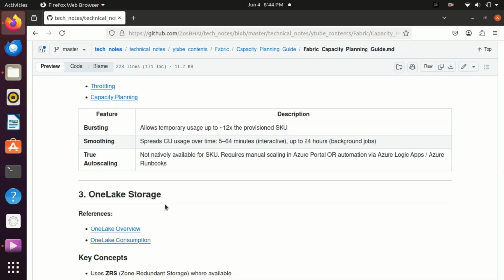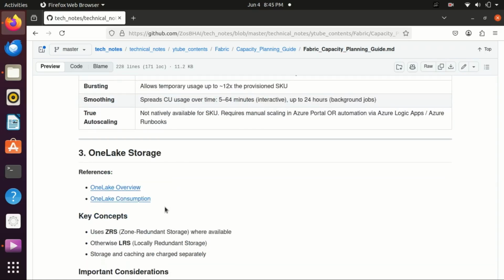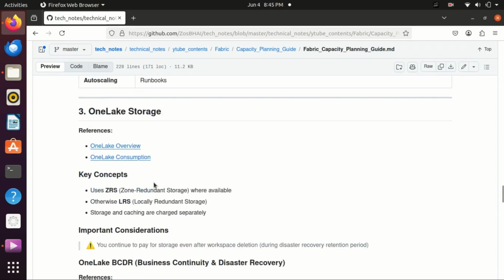Now that we understand Fabric capacity, compute capacity, and Spark autoscaling, let's look at some of the other important components that contribute to Fabric cost estimation. The next component is OneLake storage. OneLake uses zone redundant storage, or ZRS, wherever available.